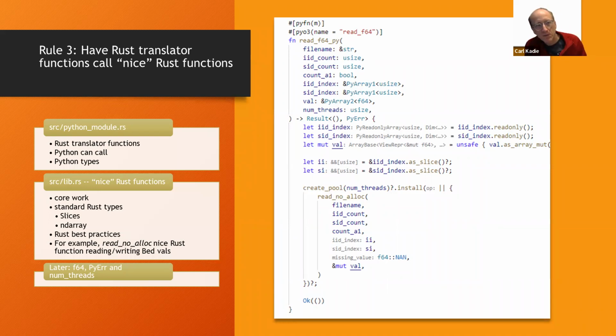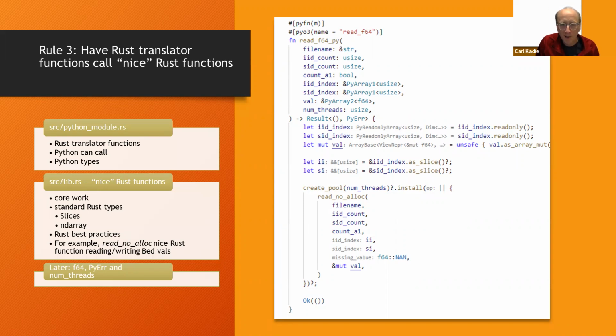So I've hinted at this before, but we'll go into some details. Rule number 3 is to have Rust translator functions call nice Rust functions. This is an example of a Rust translator function.